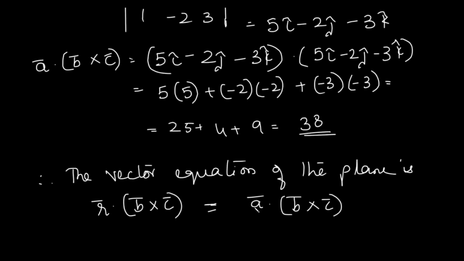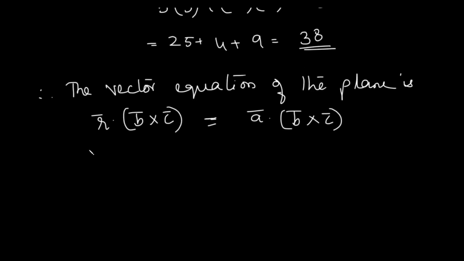Now substituting all these values, substituting the value of b cross c, r dot (5i − 2j − 3k) is equal to a dot b cross c, which is 38. Now this is the vector equation.